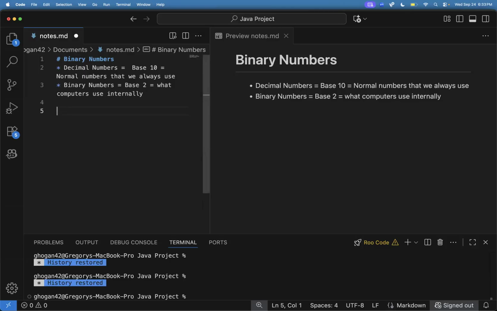Before we do this, let's talk a little bit about decimal numbers, base 10. These are our normal numbers.